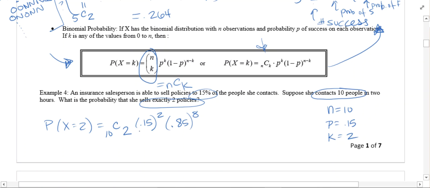Let me just remember where it is. You have to put the 10 first, and then to get this in the calculator, you would write 10, and then go to math, over to PRB and grab the NCR button, okay? And then enter 2.